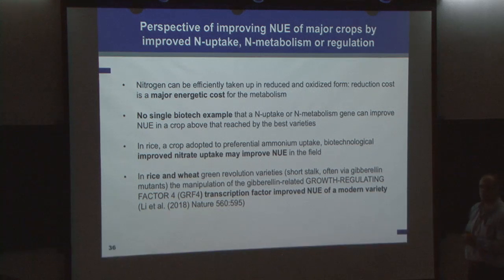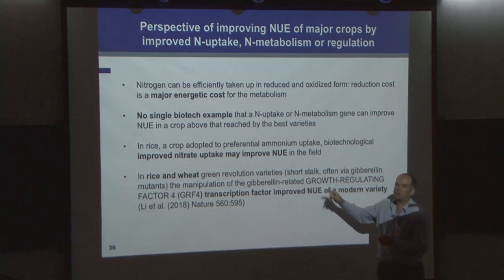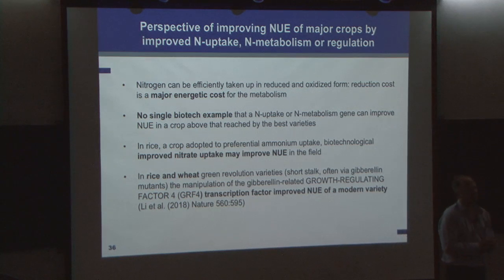And these Green Revolution varieties are typically mutants of the gibberellin signaling pathway. There are also some other mutants that seem to not have to do with gibberellin, but typically stem elongation, internode elongation is very sensitive to gibberellin.